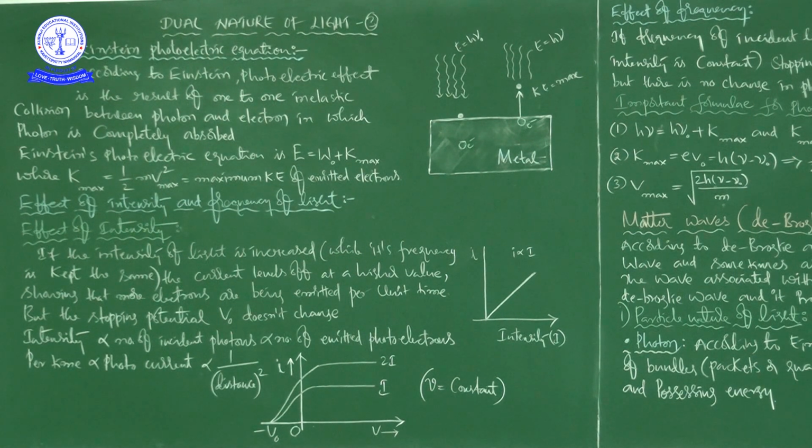Threshold frequency is the minimum frequency of incident radiations to eject the electron from a metallic surface. Threshold wavelength is the maximum wavelength of incident radiations required to eject the electrons from a metallic surface, right? These three things I request you to remember, because it is very important for us at every step of this discussion.